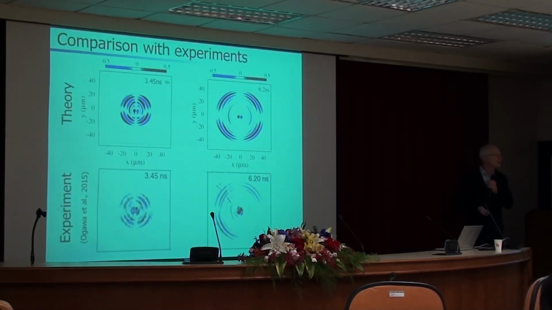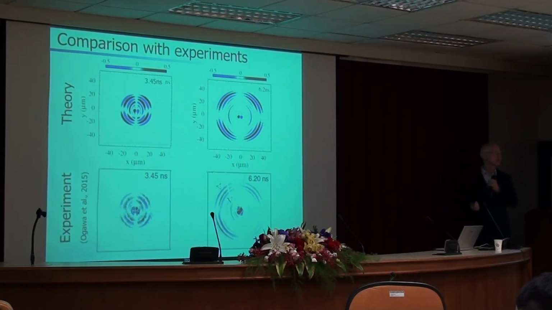Now we can compare this with experiments. You see the theory on top, and the experiments by the RIKEN group, Ogawa and collaborators, below. And we clearly see the similarity. First of all, we see two ringings, in theory and experiment, which have exactly the same symmetry. So these are the pressure waves, and these are the transverse waves which are excited by shear strain.